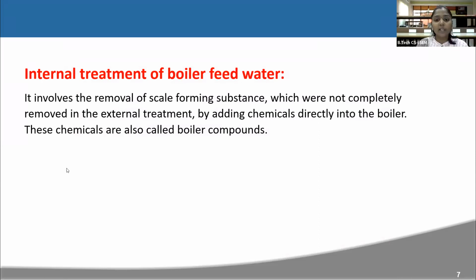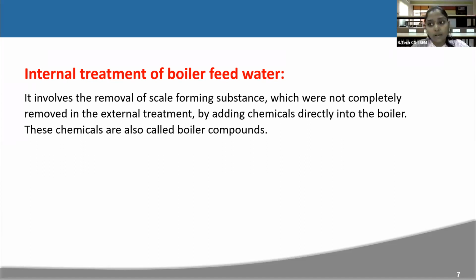Internal treatment deals with the scale forming substances which were not completely removed in the external treatment, by adding chemicals directly into the boiler.